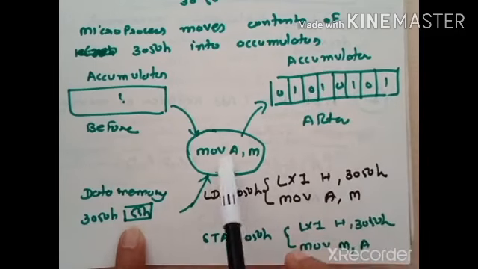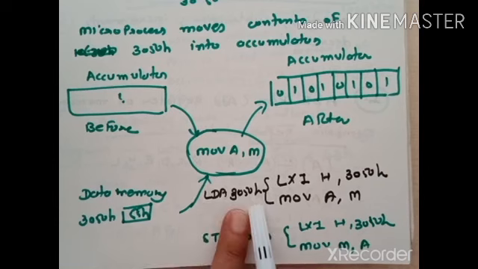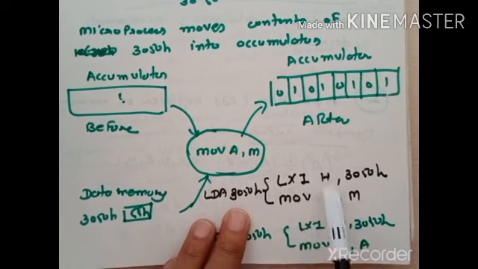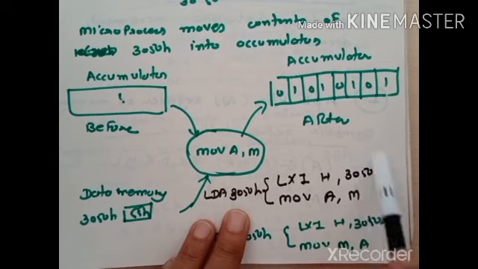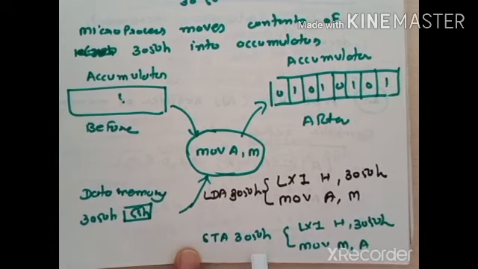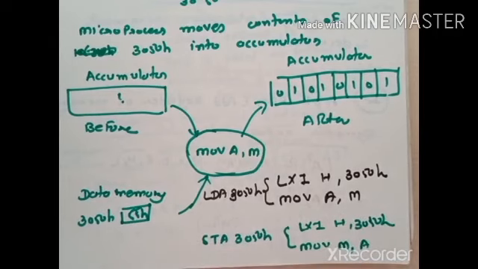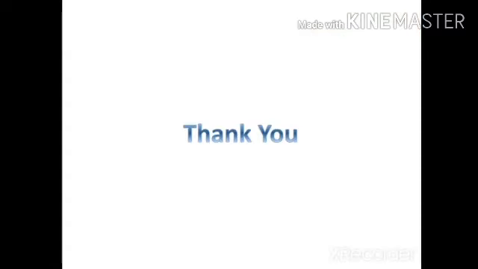Here, LDA 3050 is equivalent to these two instructions: LXI H, 3050 and MOV A, M. Before execution of this instruction, the memory address is specified in the HL pair. Next, STA 3050: before execution of MOV M, A, LXI H, 3050, that means the 3050 address is specified before this instruction. Thank you.